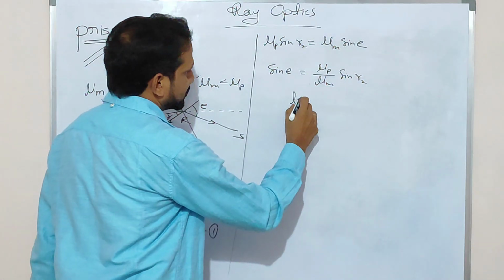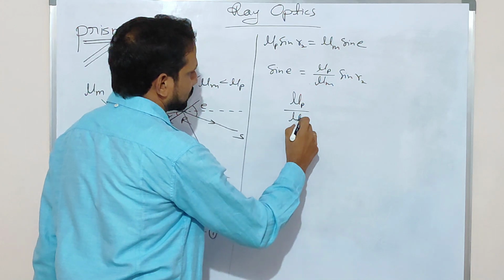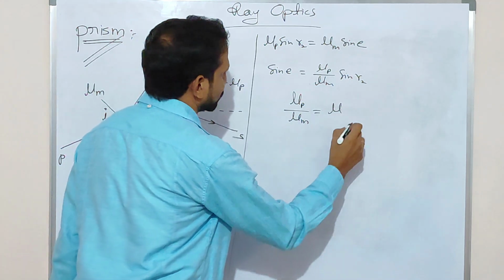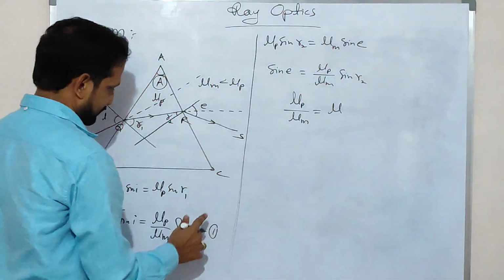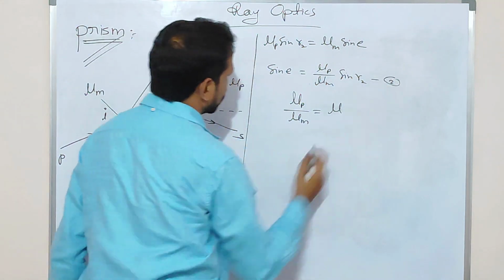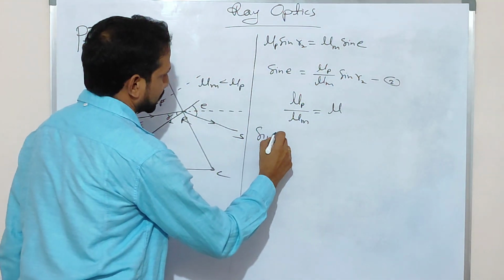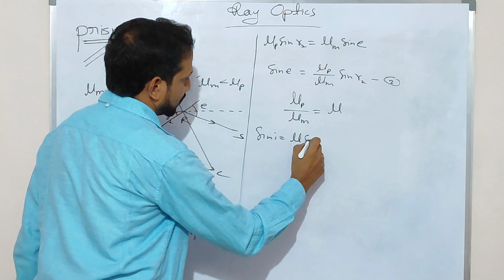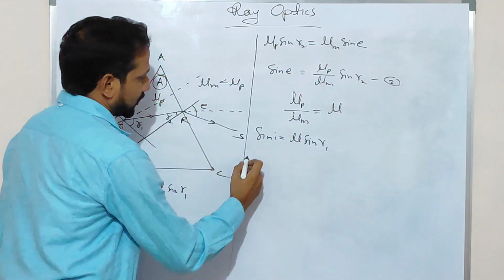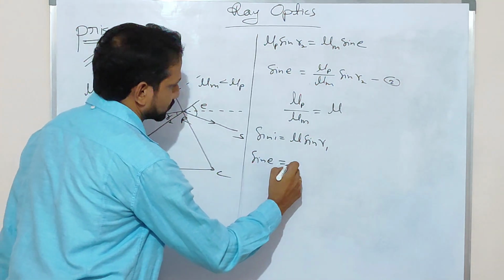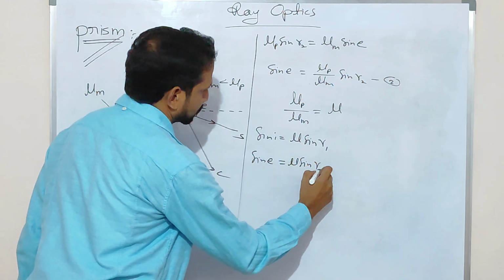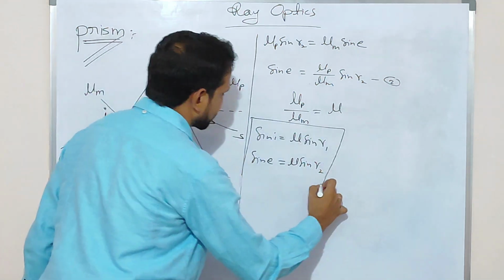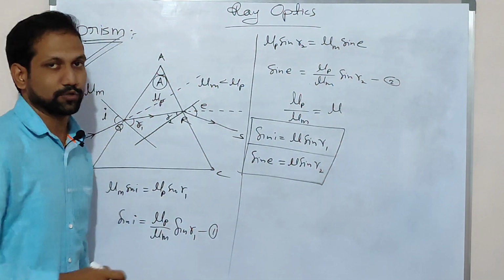If I denote the prism refractive index by medium refractive index as mu, then I can rewrite equations 1 and 2 as sin I equals mu sin r1, and sin E equals mu sin r2. These are the two important equations in the prism we will always use.